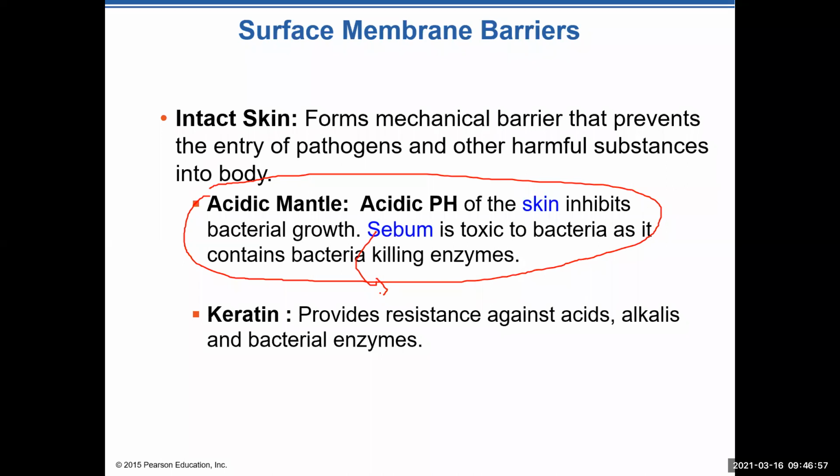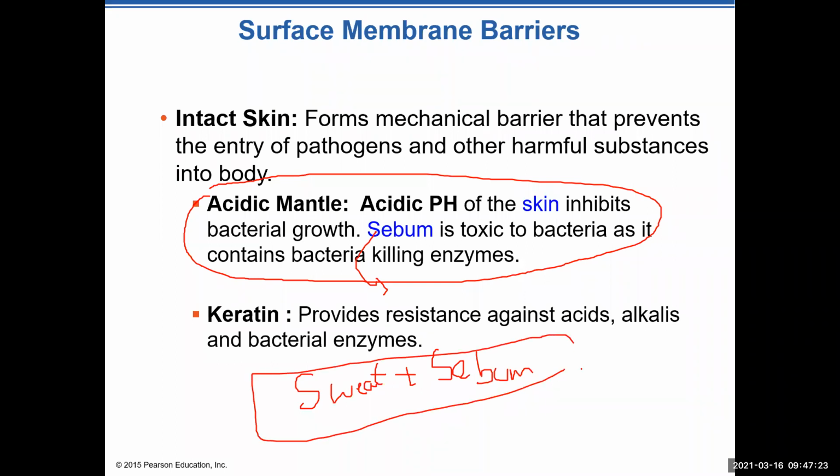And we also spoke about the sweat glands, the apocrine and the eccrine glands. The eccrine glands produce the sweat, and the sebum is produced by our oil glands, the sebaceous glands. Together, these two form a layer on our skin, which I explained in the skin chapter as well. We call it the acid mantle.